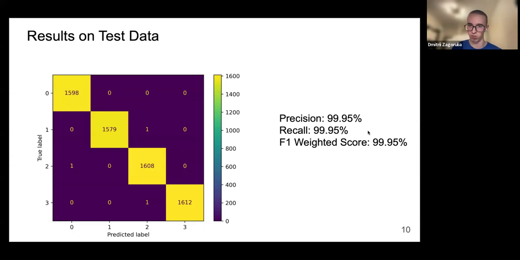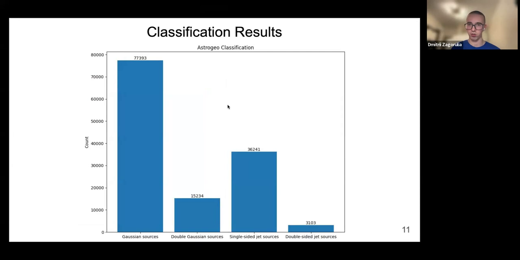Obviously our model was trained quite well and it predicted well enough on the test data. And we used the trained model to predict on real images. This is the histogram that we get from inferencing our model on real data.